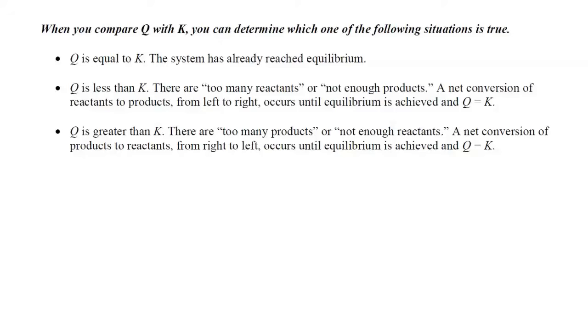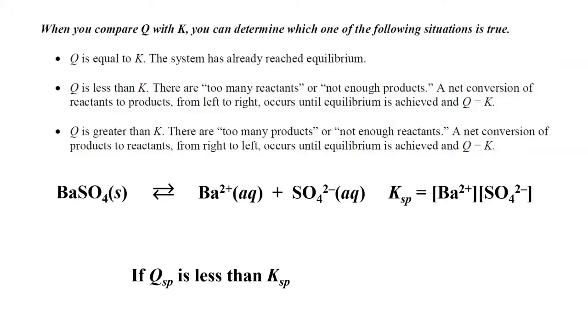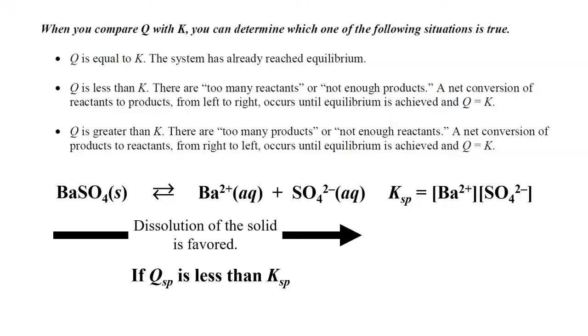But more likely, you'll have one of the following possibilities: if Q is less than Ksp, then the equilibrium would favor the formation of products, from left to right, from reactants to products. And since on the right side of the equation are soluble aqueous ions, if Q is less than Ksp, it means that no precipitate will be formed.